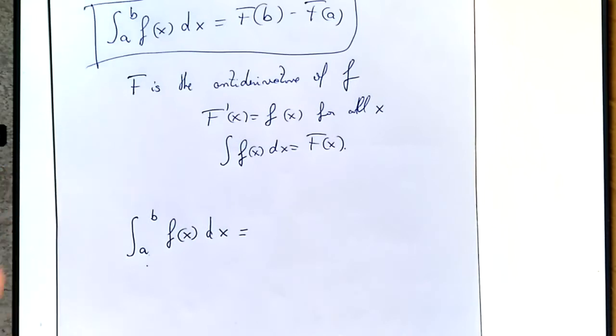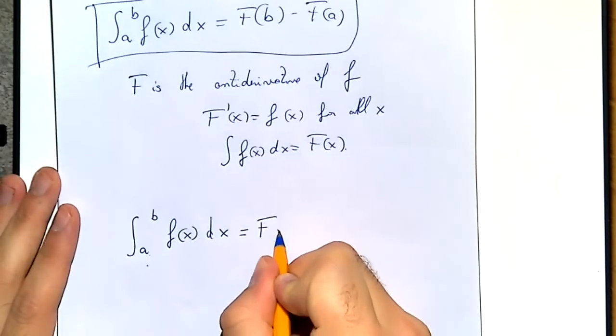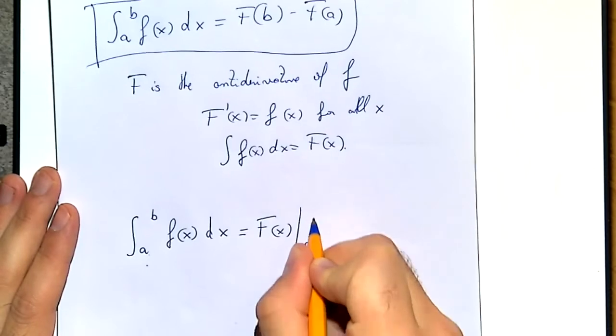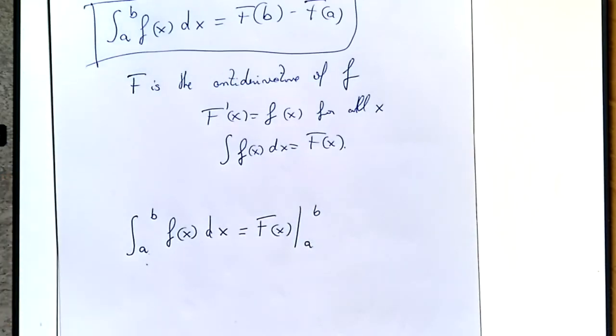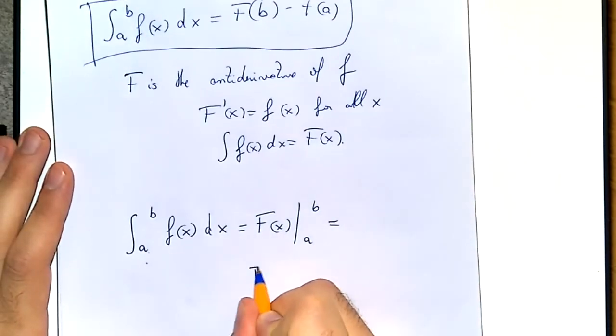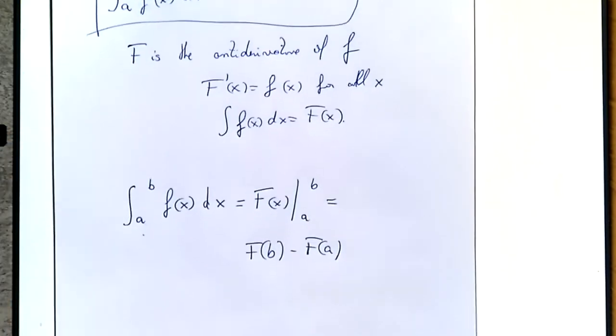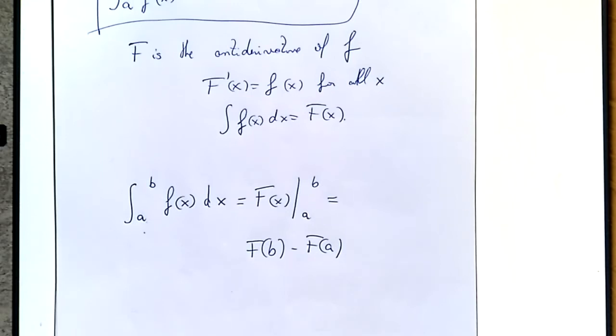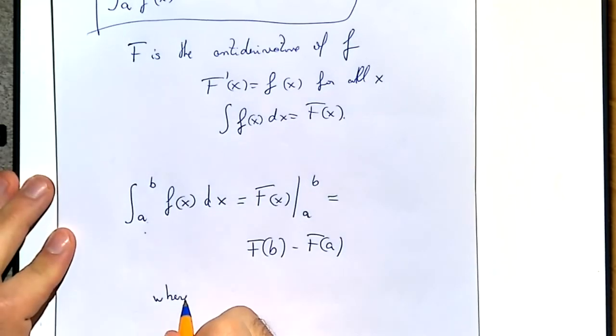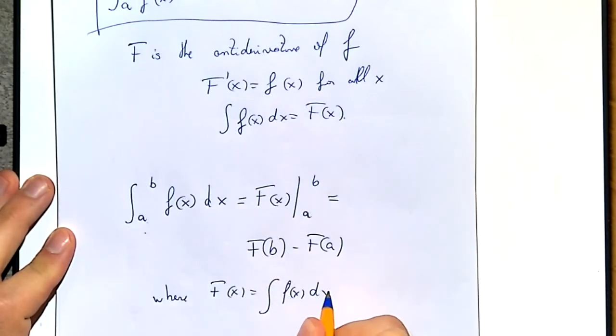This is just going to be equal to, and here comes the notation, F of big X, and it's just the line between A and B. This is just a notation. This notation only means F of B minus F of A, where again, F of x is just the integral of f of x dx.